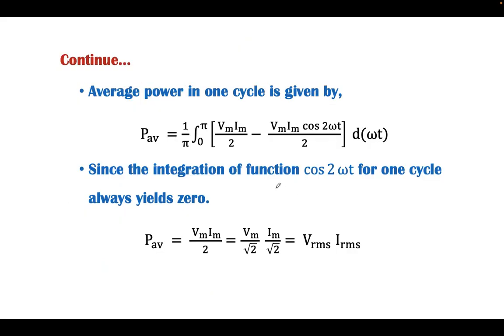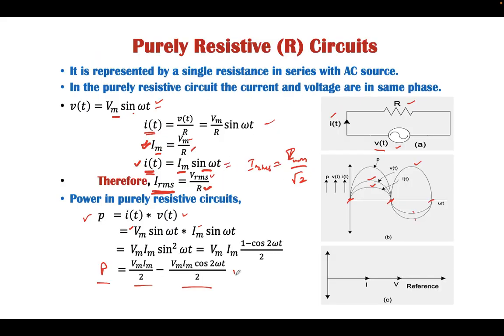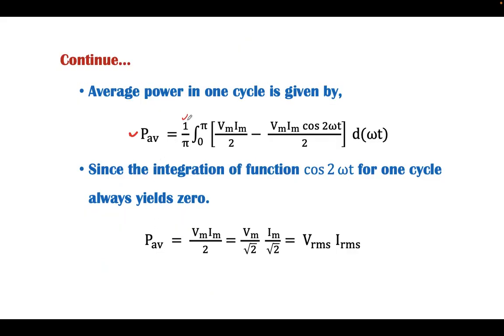Here we consider power from 0 to pi and take the area under the curve. The area under the curve is given by P equal to the instantaneous value, integrating this function from 0 to pi, with the area taken as 1 by pi. Then it is 1 by pi from 0 to pi, integrating this function with respect to d omega t, the resultant value will be Vrms into Irms.